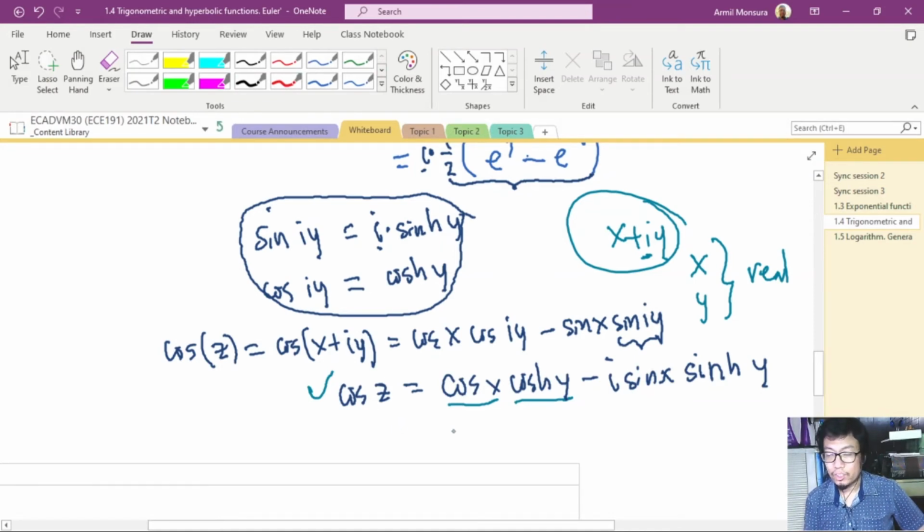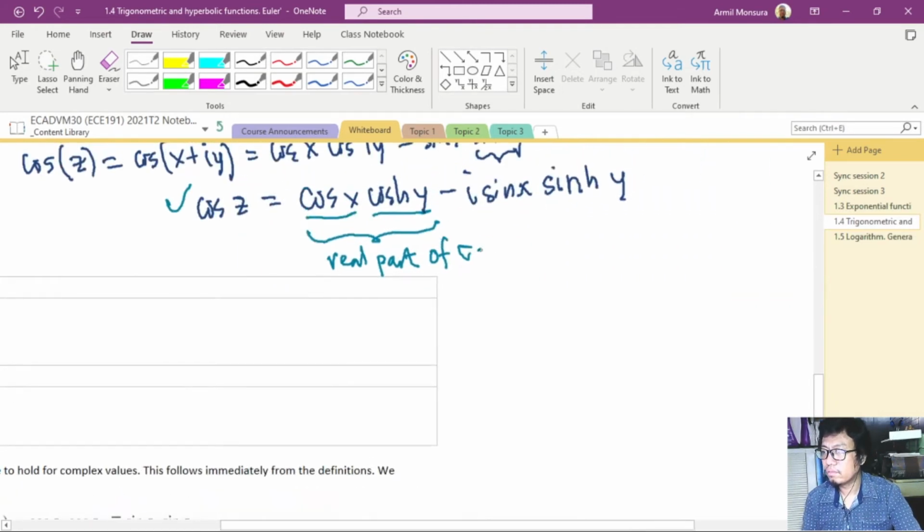This product is the imaginary part of cosine of z.